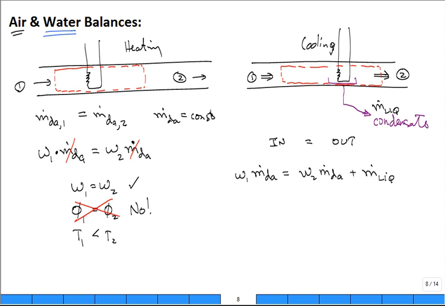I don't have a better symbol for that term, but it's the mass flow rate of the liquid condensate leaving. We use this equation to calculate how much liquid leaves. It's equal to the mass flow rate of dry air times the change in the humidity ratio. Comes in large, high humidity ratio, leaves a lower humidity ratio.